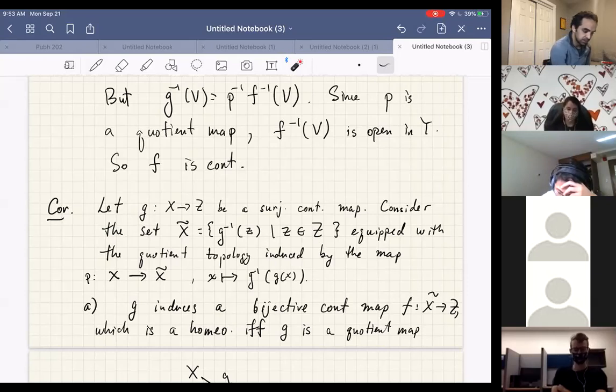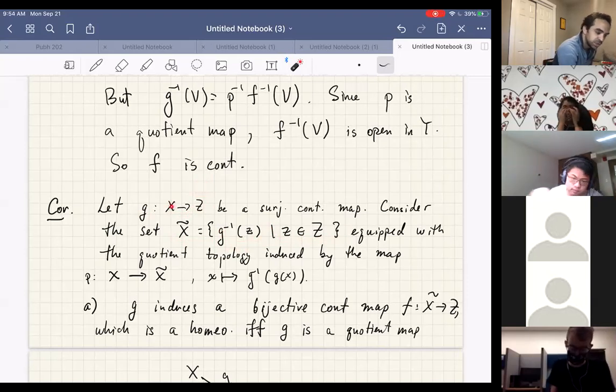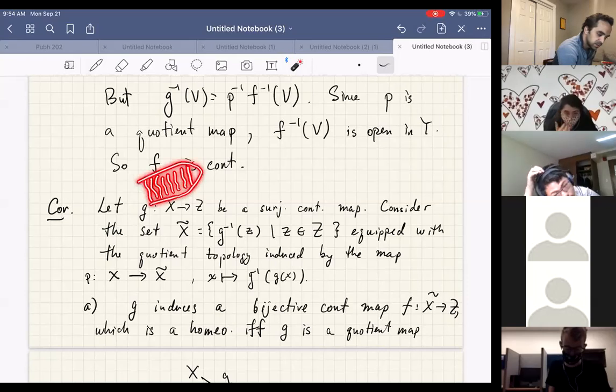So this collection of subsets is a partition of X, right? Its union is X because G is surjective by assumption. So if I run through all points in Z and I take the inverse images along G, I get a bunch of sets, one for each point in Z, partitioning this X. This is like X, right? Is that clear?